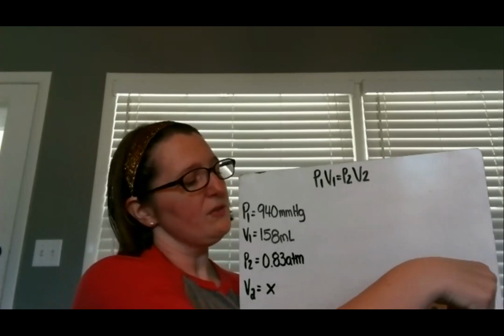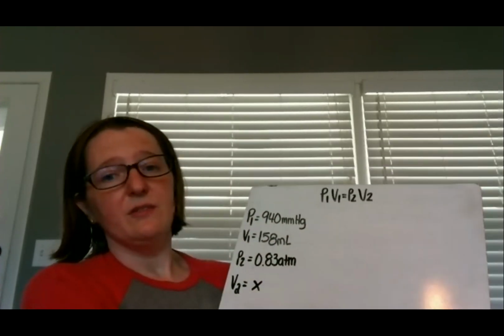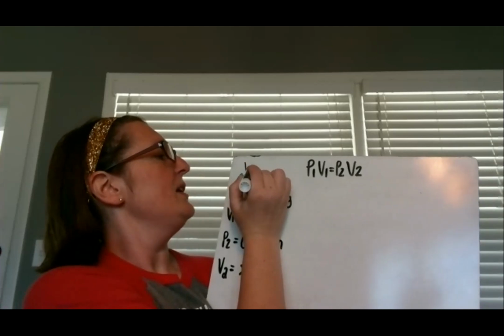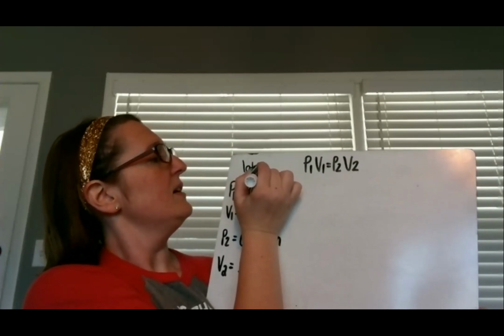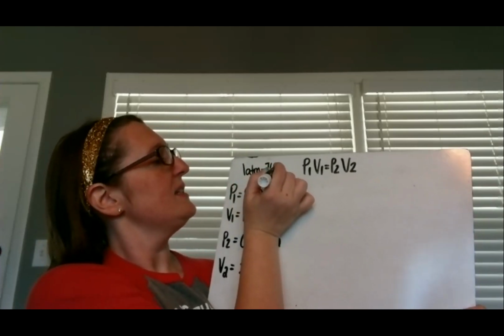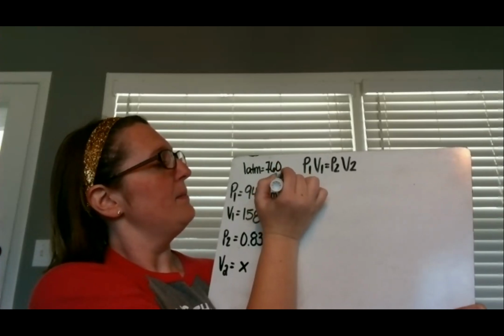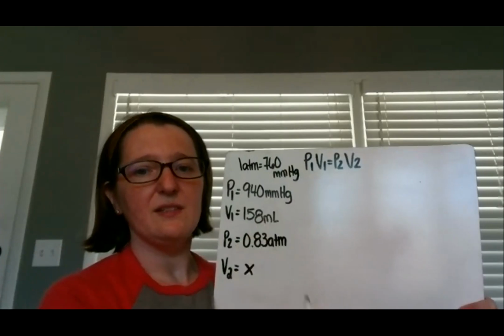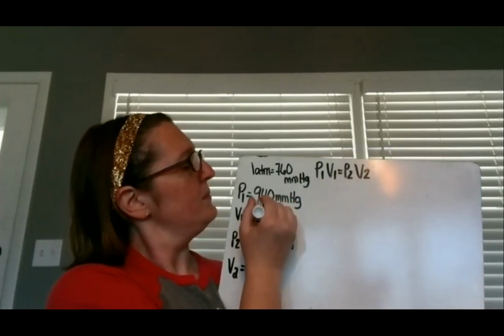Remember the conversion to turn atmospheres into mmHg is that 1 atmosphere equals 760 mmHg.